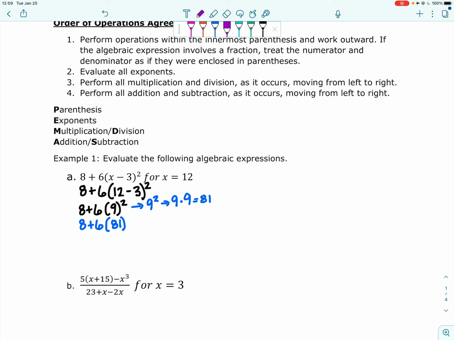Then I'm going to look for my multiplication and division. 8 plus, that's not multiplication or division. And then 6 times 81. When we see parentheses next to a number, like this 6 parentheses 81, that means there's a multiplication here.